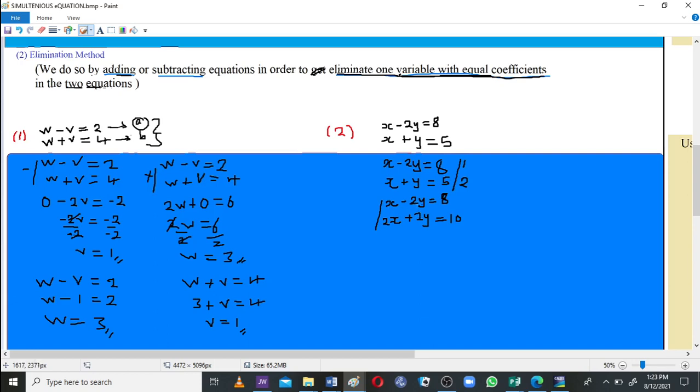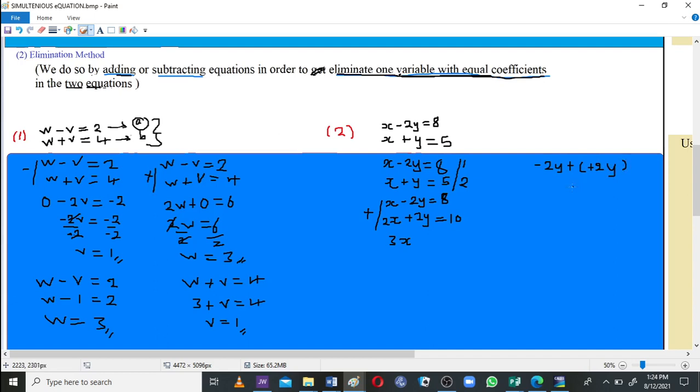So if we want to eliminate now y, we are going to add. Okay, so if we add, that will give us 3x, right? Okay, again here, if we add, so look at this. We are going to have negative 2y plus 2y, right?